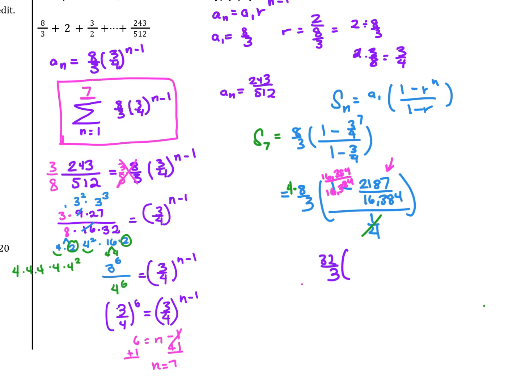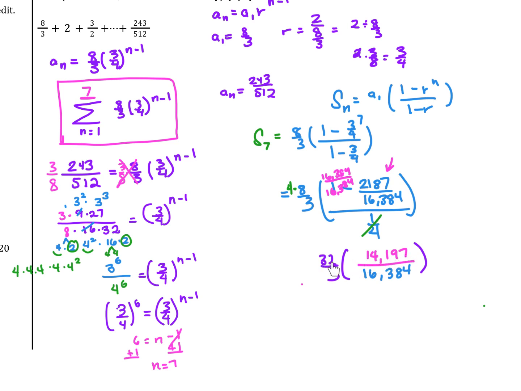So I can take 16,384 minus 2187. So that leaves us with 14197 all over the 16,384. And then we could reduce. So 3 doesn't go into 14,197. It does not go into there.